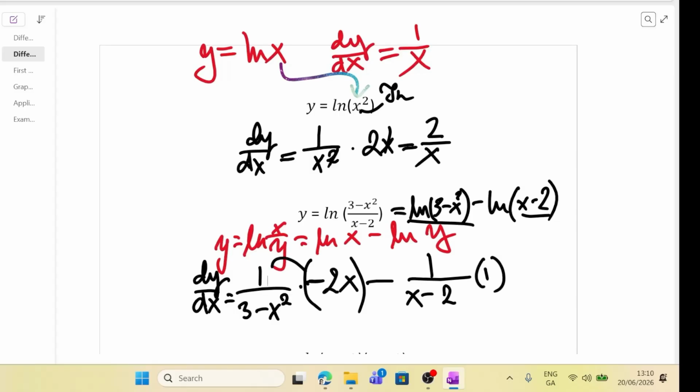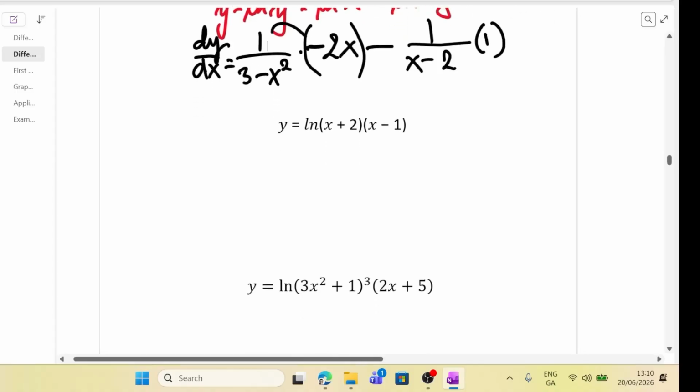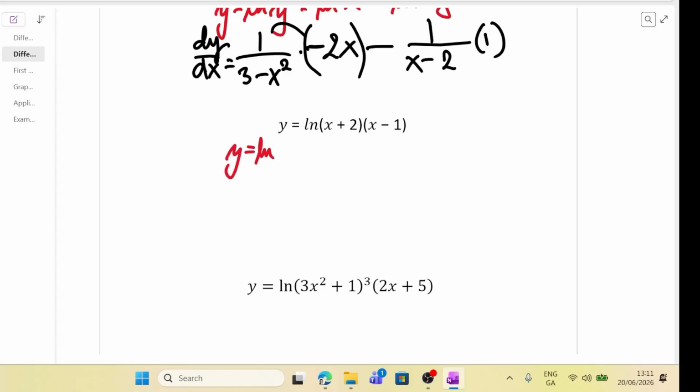Okay, now next one, let's have a look at what we have over here. Now I have multiplication. The multiplication with the log can also be replaced with addition. So anytime my function is in the form ln of x times y, and I don't want to use the chain and product rule at the same time, I can break the multiplication into a sum of two logs with the same base.